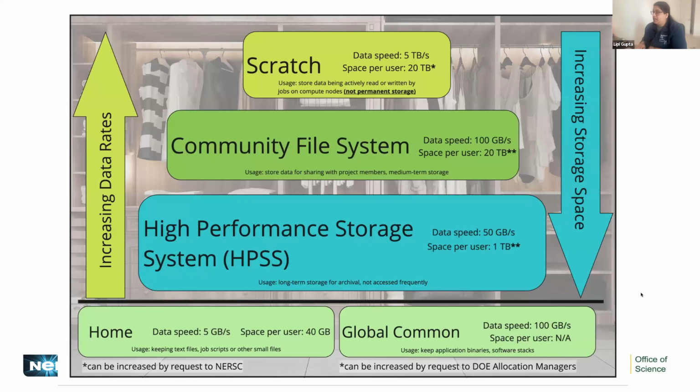This last little piece is meant to sum up everything that I told you about. What are all these different types of storage? What are they used for? What's the data speed? What's the space? Everything like that. This figure is available in the Absolute Beginner's Guide.